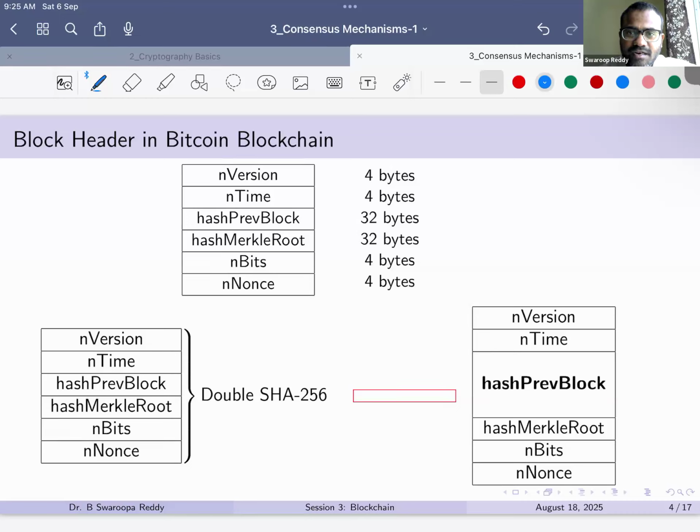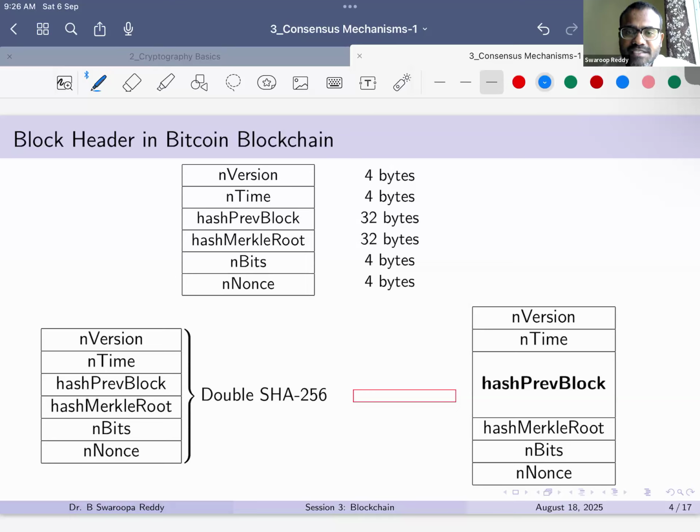Those new features will be considered as the next version. Initially it is version 1. At some point some modifications are made and included into the blockchain. That is considered as version 2. So each version will be included when we make any modifications to the blockchain.